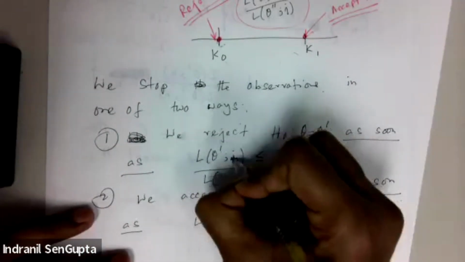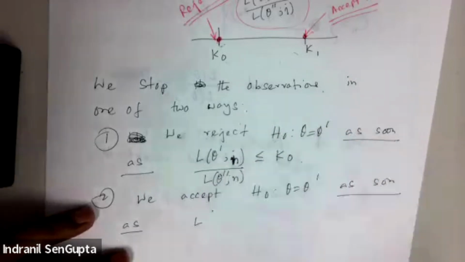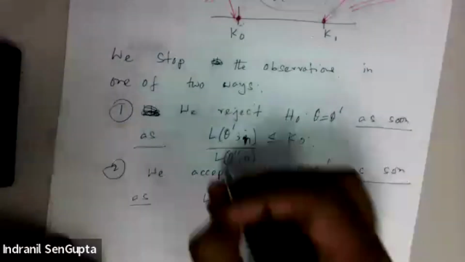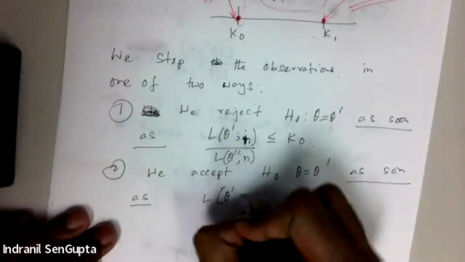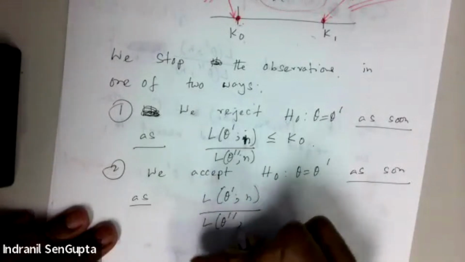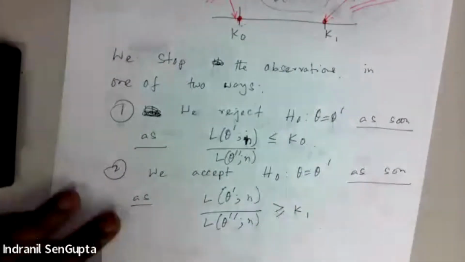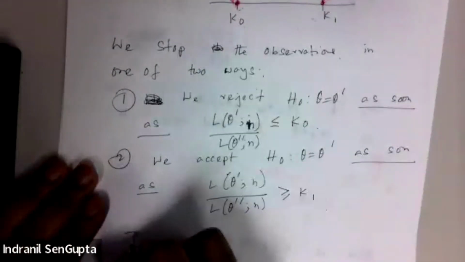Let's write n for the nth case: L of theta prime n over L of theta double prime n bigger than or equal to K1.